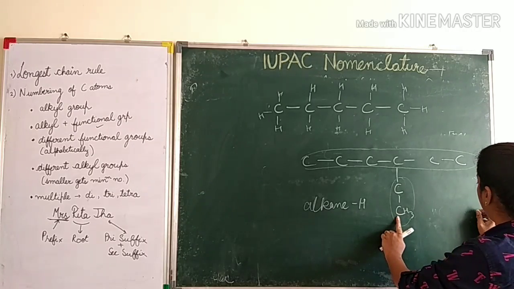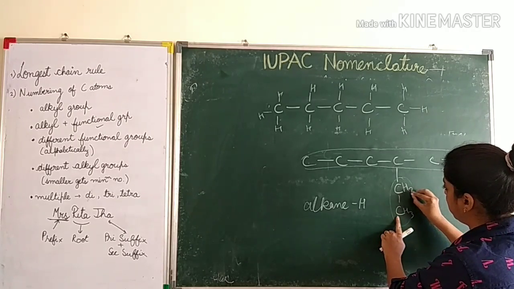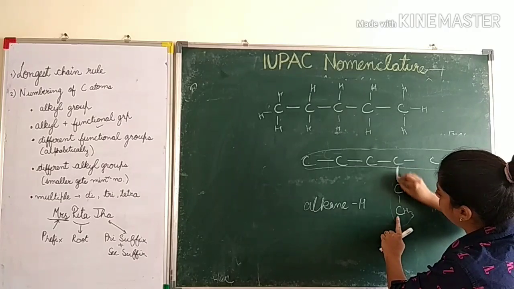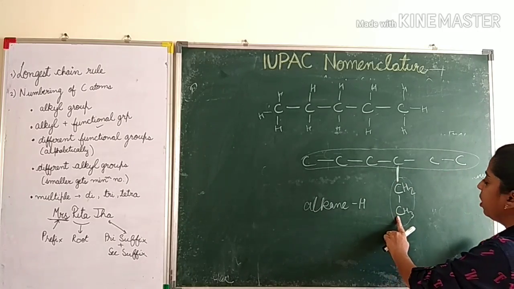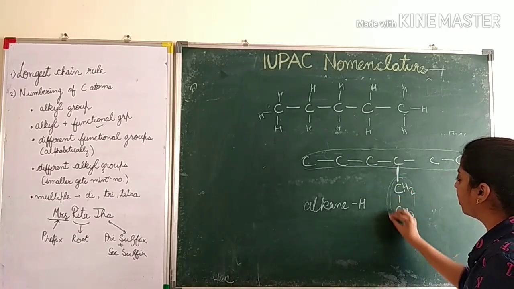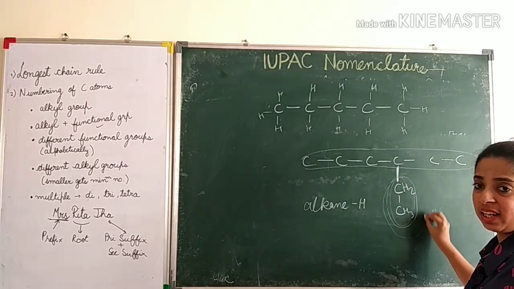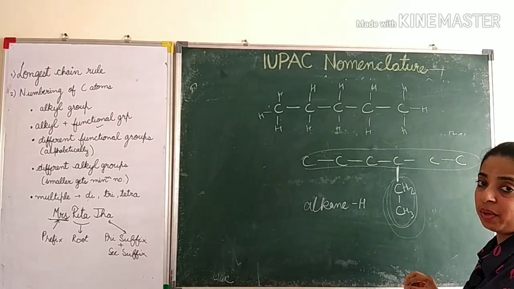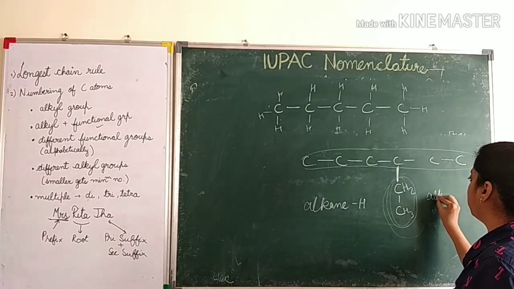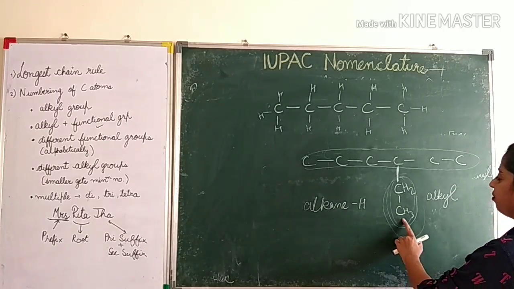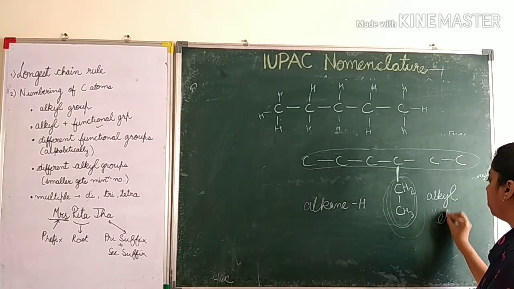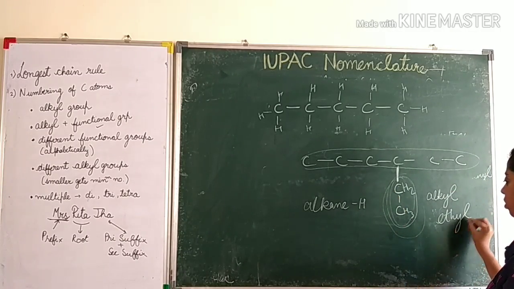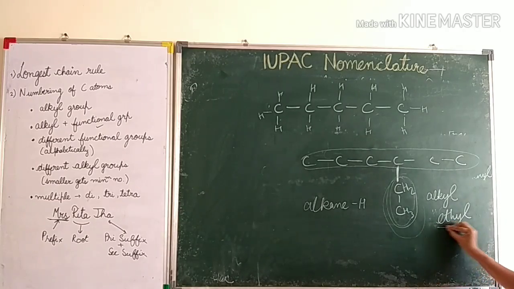So if 1 hydrogen is removed this becomes CH2, तो एक बॉन्ड खाली हो जाएगा, तो वो यहाँ से जुड़ेगा, right? So whenever an alkane is acting as a substituent, it becomes an alkyl group. Okay, so if this was ethane, this becomes ethyl group. Okay, ethane को ethyl बनाएंगे.